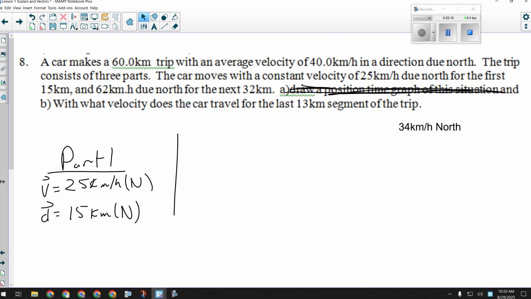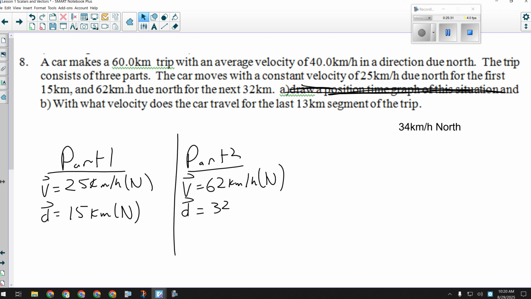Okay, part 2. 62 kilometers per hour due north, for 32 kilometers. With what velocity does the car travel for the last 13 kilometers? So that's part 3.